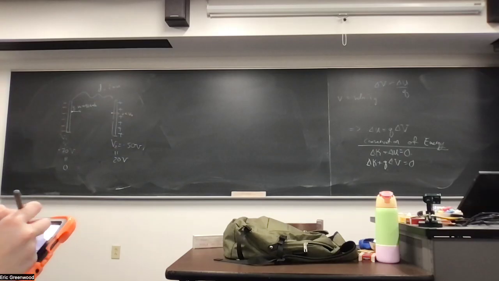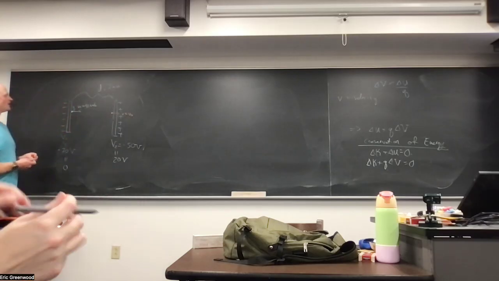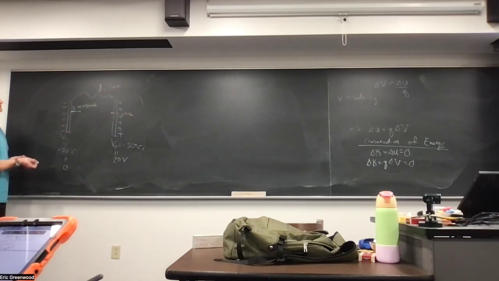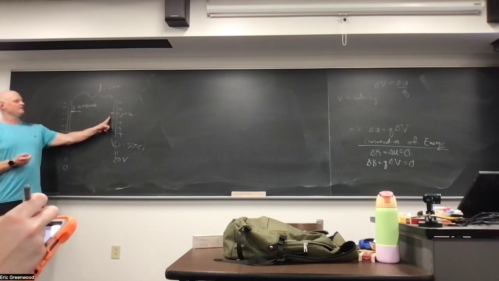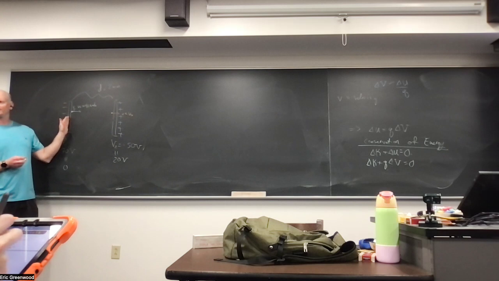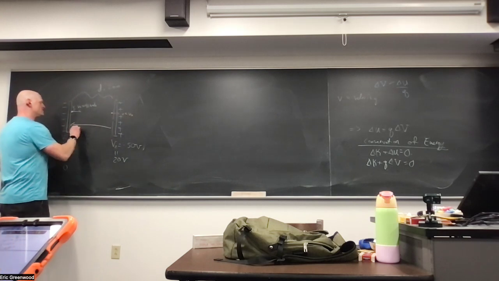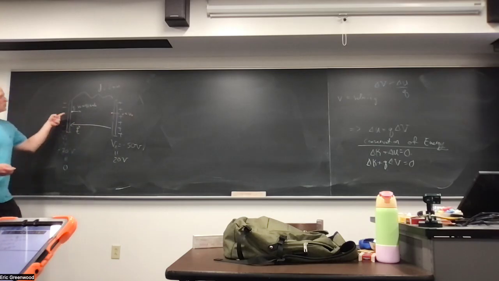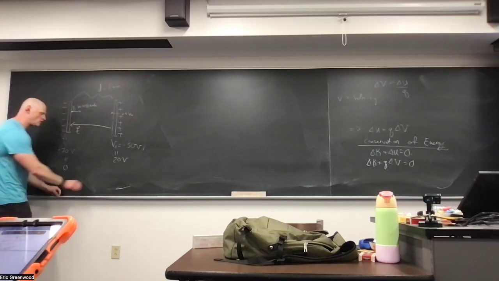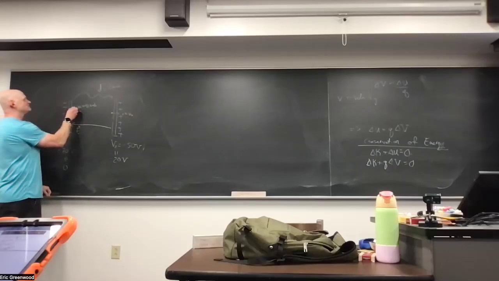Okay. Now, let's first think about this in terms of forces, and then we'll talk about it with the aspect of energy. So if this guy is positively charged, this guy's negatively charged, which way does the electric field point? This way, right? So in this case, I have my electric field in this direction. This guy is moving this way, but it's slowing down, which means what's the direction of the acceleration? This way, right?